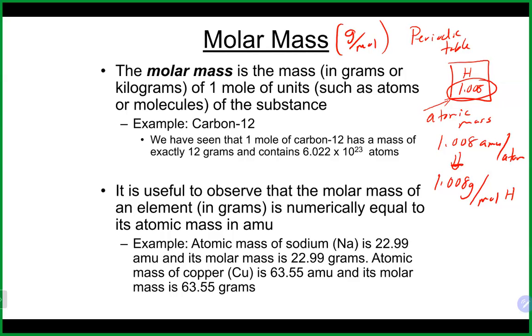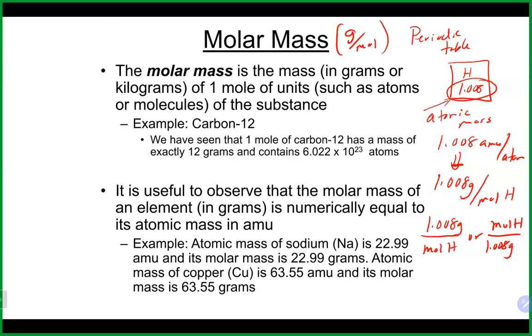You could think of this as a conversion factor, and you could use it as a conversion factor, which means you could write 1.008 grams per mole of hydrogen, or if you needed it the other way around, a mole of hydrogen is 1.008 grams. So you can use it just like a conversion factor, dimensional analysis.